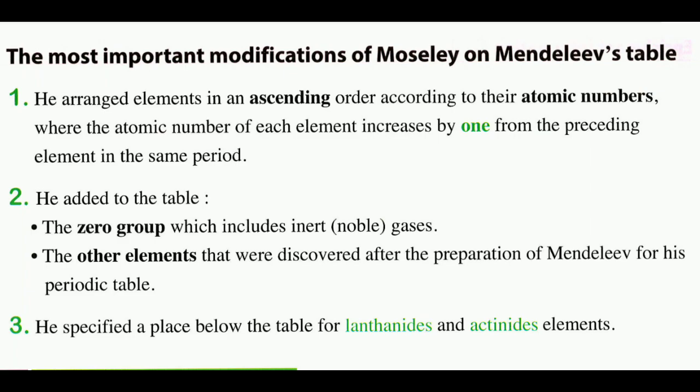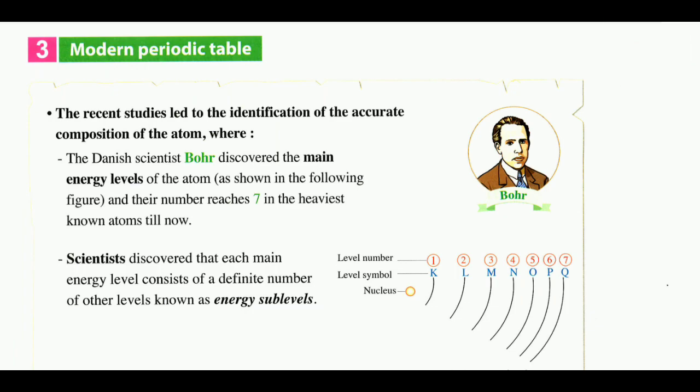The modern periodic table. Recent studies led to the identification of the atom's structure, where the Danish scientist Bohr discovered the main energy levels of an atom, as shown in the following figure, and their number reaches 7 in the heaviest known atoms till now.